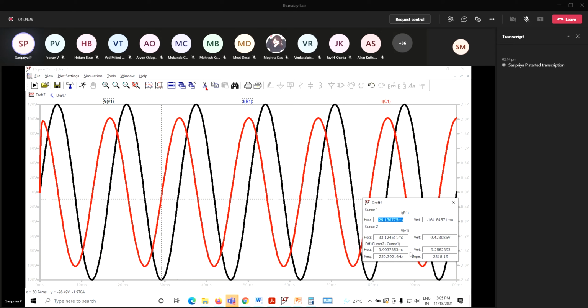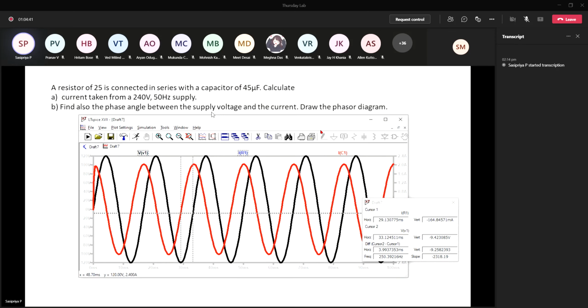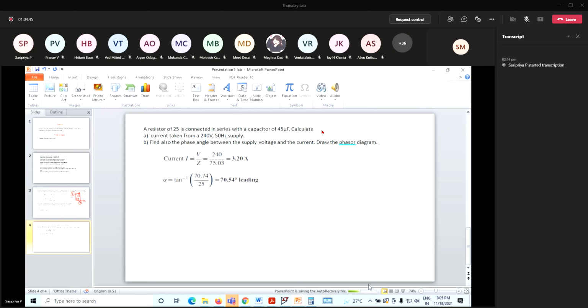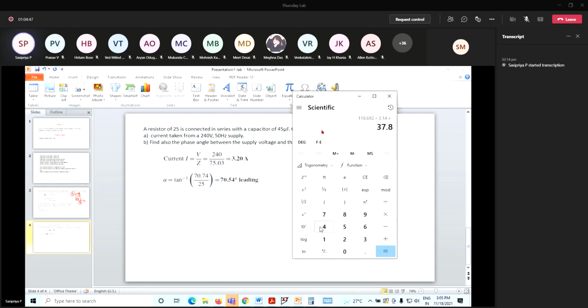Anybody? So here it is 3.99. If I round it off to 4 milliseconds, so 4 milliseconds multiplied by 2 pi f. f is 60 hertz here.